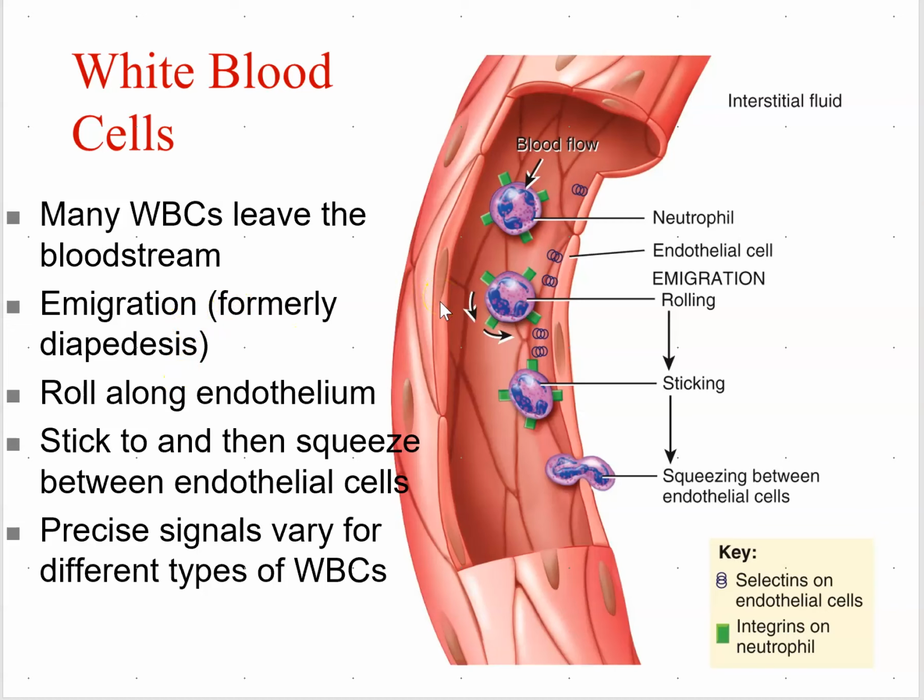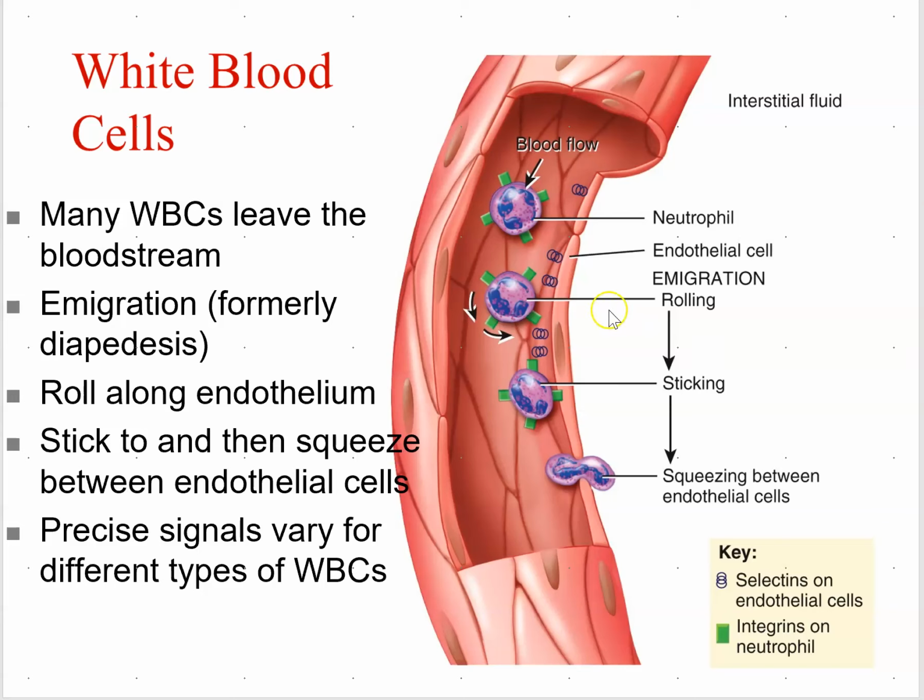They then squeeze through the epithelial layer, and certain proteins known as integrins allow them to stick to the endothelial layer and then squeeze out of the endothelial cells of the capillary as they follow the chemical signals. And this is called chemotaxis, wherein they migrate towards the chemicals that are secreted by the pathogen.